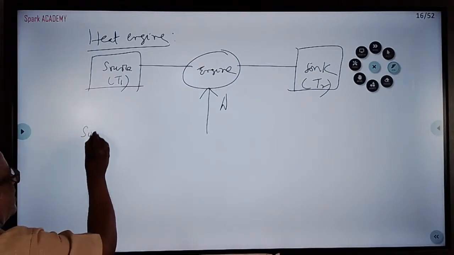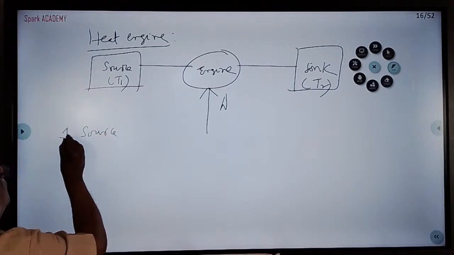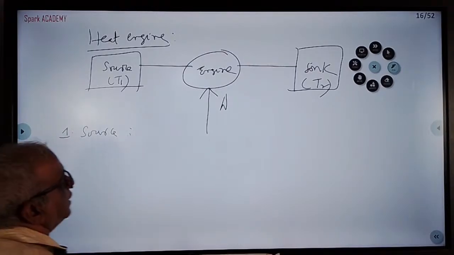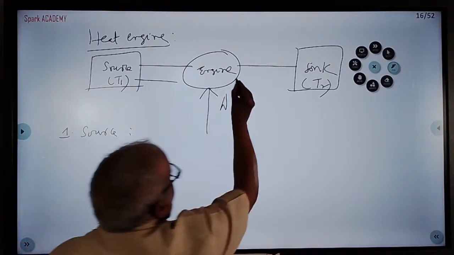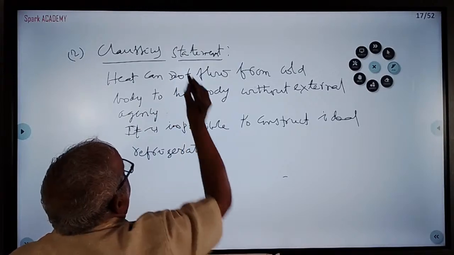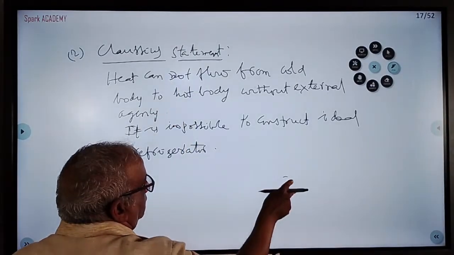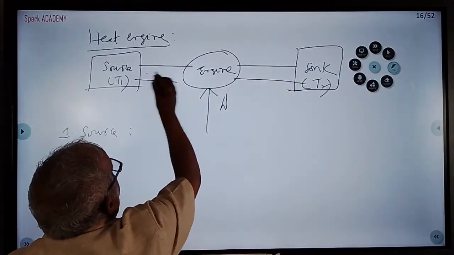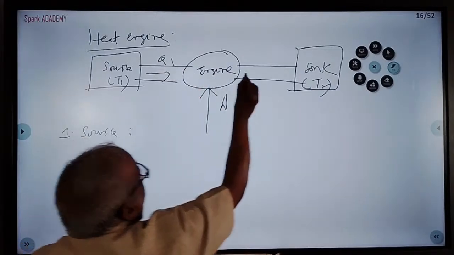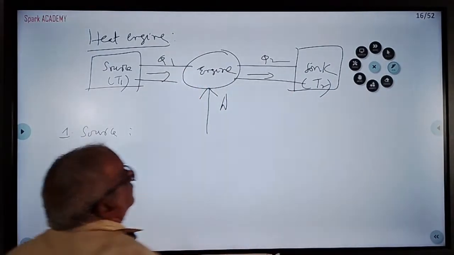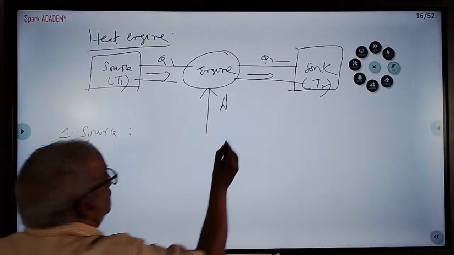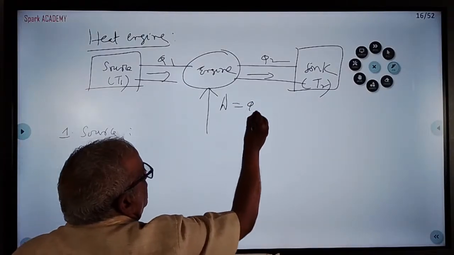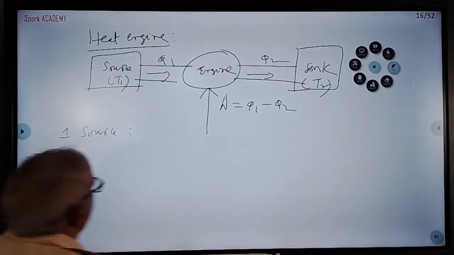What are the parts of a heat engine? The source is at higher temperature, T1, the hot reservoir. Heat is drawn from this, Q1. Heat is rejected to the sink, Q2. Work done is nothing but Q1 minus Q2.